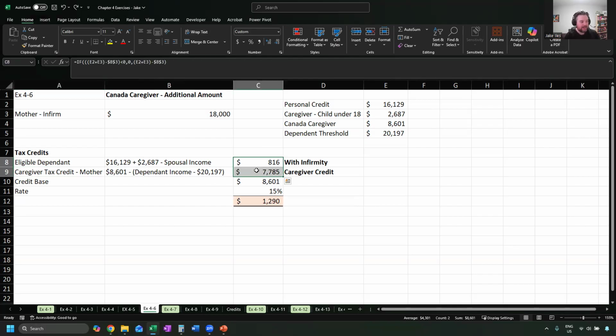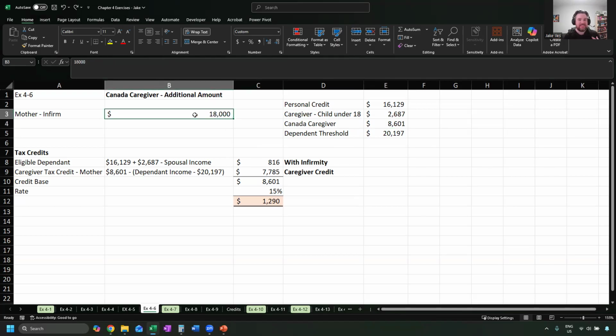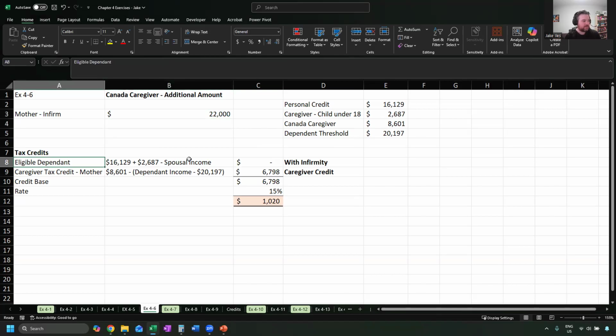These combine to be the 8,601. These combine to make the credit base the same as what the caregiver credit would have been at a dependent of this income threshold. So at, let's say, $22,000, we've completely removed the eligible dependent, but we are still getting caregiver credit.